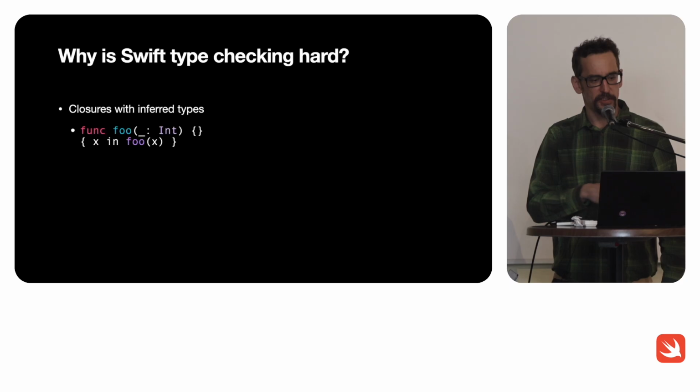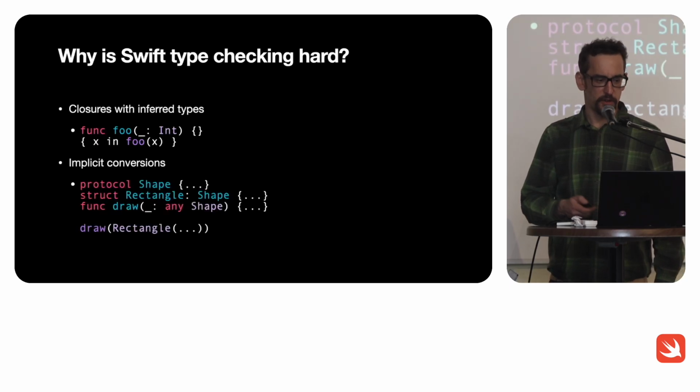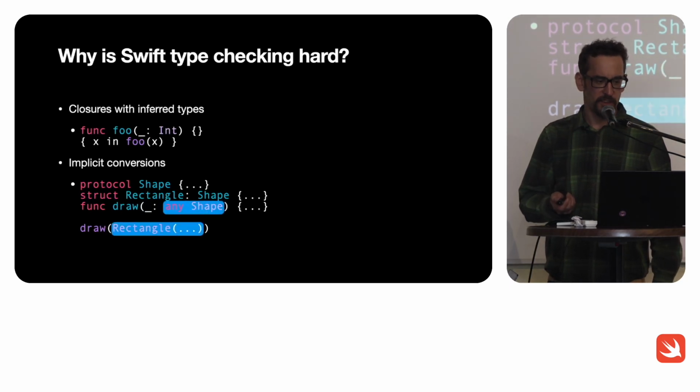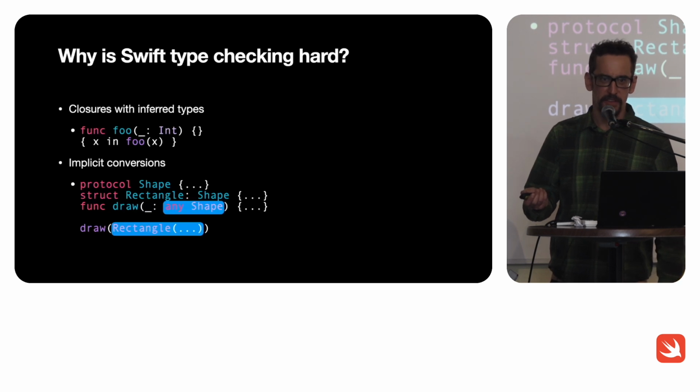I don't have to declare the type of x in my closure there. Then implicit conversions, and these two I'm not going to talk about. But you can imagine that also here I've got a rectangle and I'm passing it as a shape existential without having to wrap it in a shape existential by hand. That kind of thing also creates additional work for the compiler.